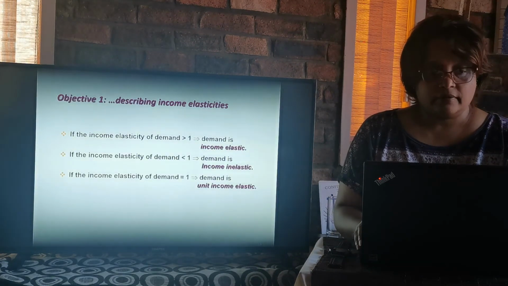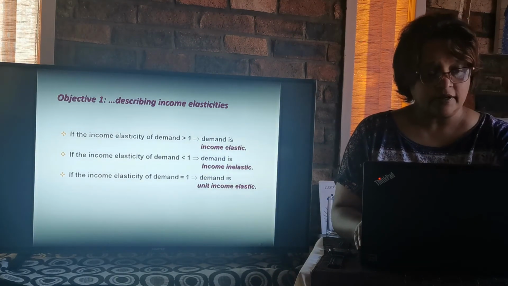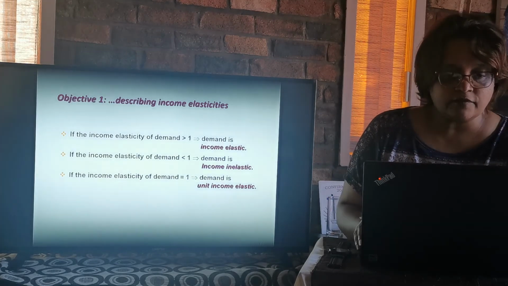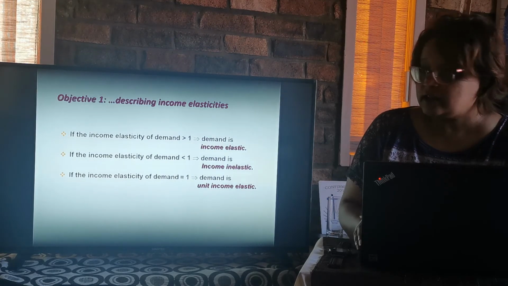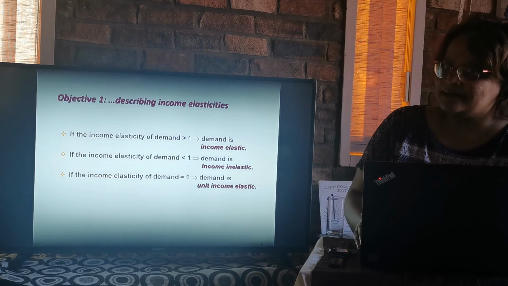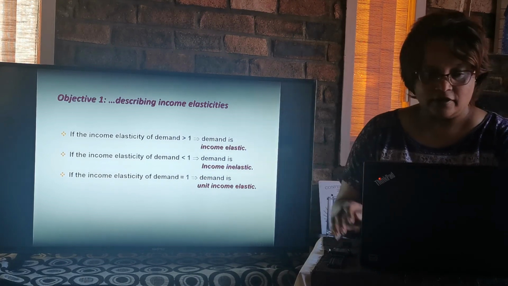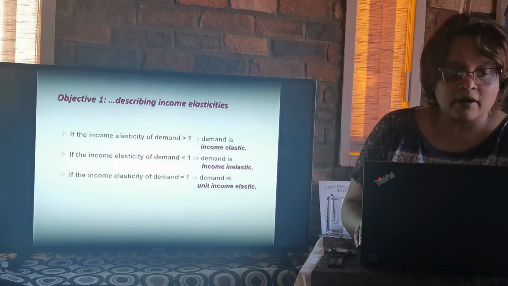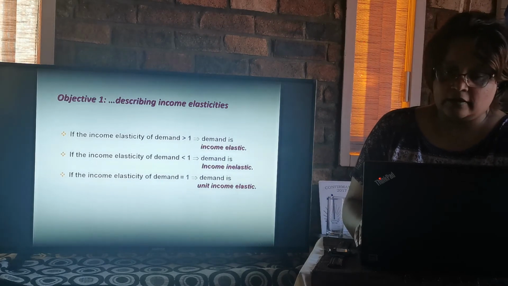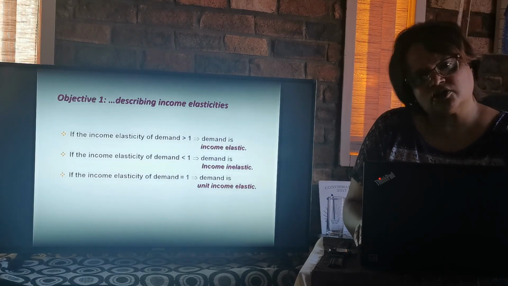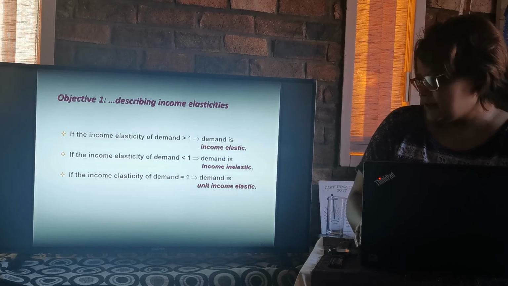Just to recap, to summarize: if the income elasticity of demand is greater than 1, we say that income is elastic because it's responsive. If income elasticity of demand is less than 1, we say that income is not so responsive, it is inelastic.